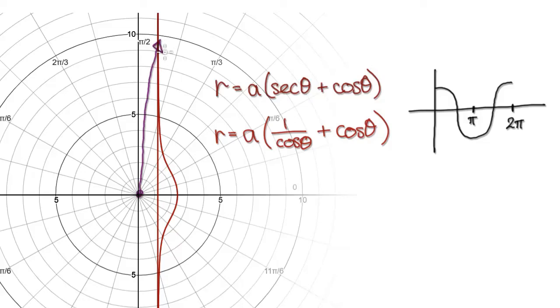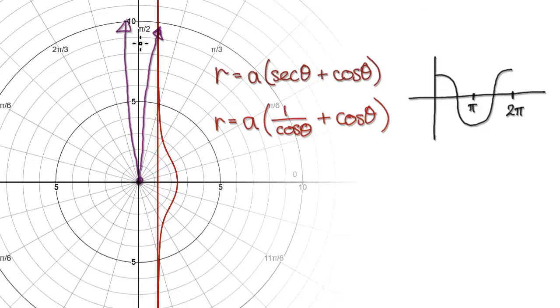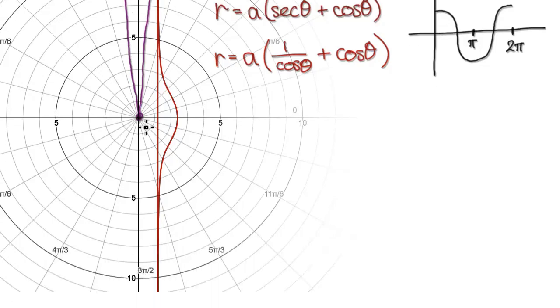Now dead on 90 degrees, pi over 2, it will break down, but just after 90 degrees it will give you a very big negative radius. Negative radius means you're moving in the opposite direction, and it's very, very big, so it points down here.